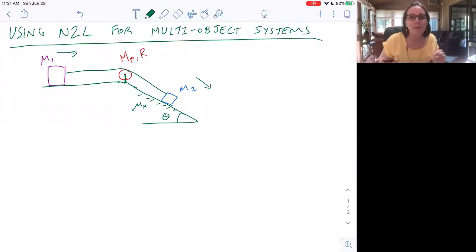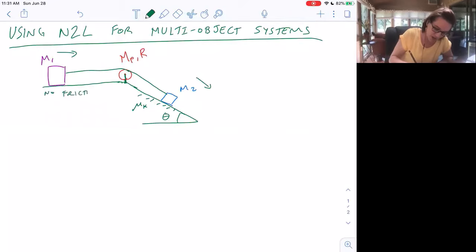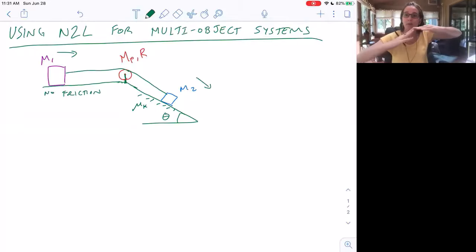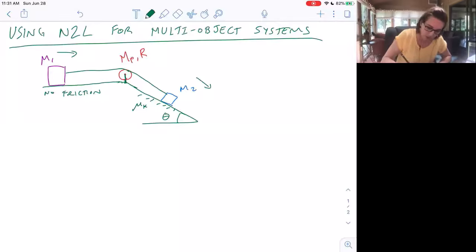A good example is the one that I'm going to work through here, that I have illustrated, where I have a level frictionless surface over here. So I'll write here that there's no friction on this surface, and then it connects to a ramp that has friction, and at the edge of that little join, there's a pulley, and the pulley does have mass now.